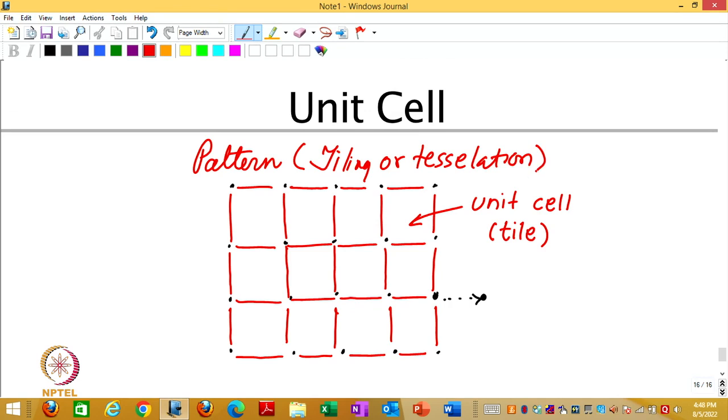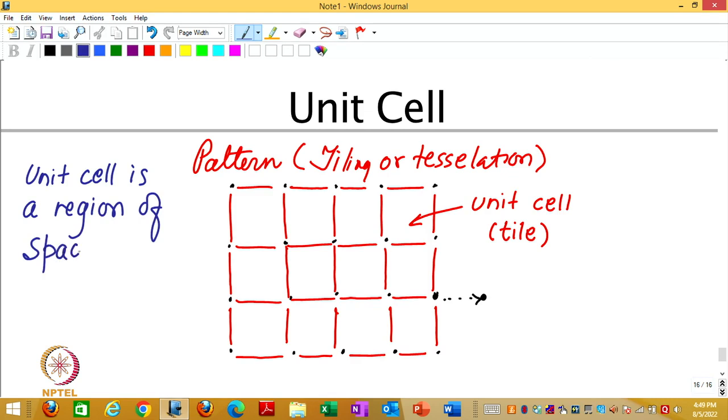So, the entire pattern can be considered as a tessellation, a set of tiles, and each unit tile is your unit cell. So, to define it, we will say unit cell is a region of a space, obviously a finite region of a space, let us put that.